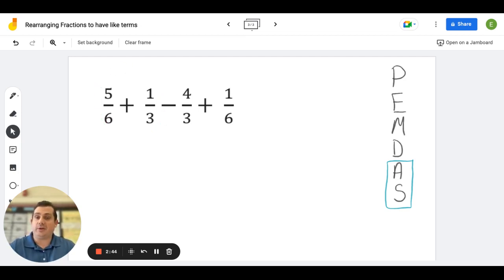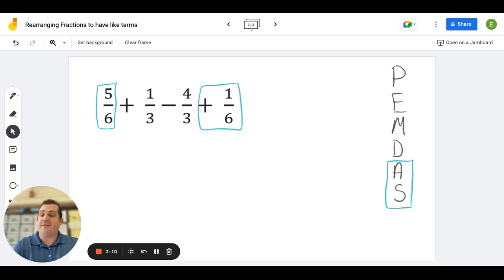So what I'm going to do first is see what I have with common denominators. Well, I have the 5/6 and I have the plus 1/6. So I'm going to combine the 5/6 plus the 1/6.